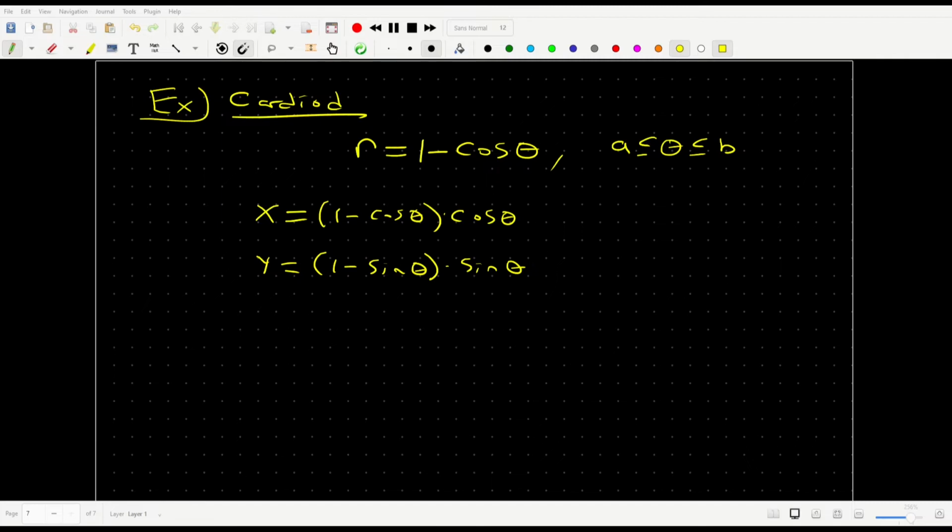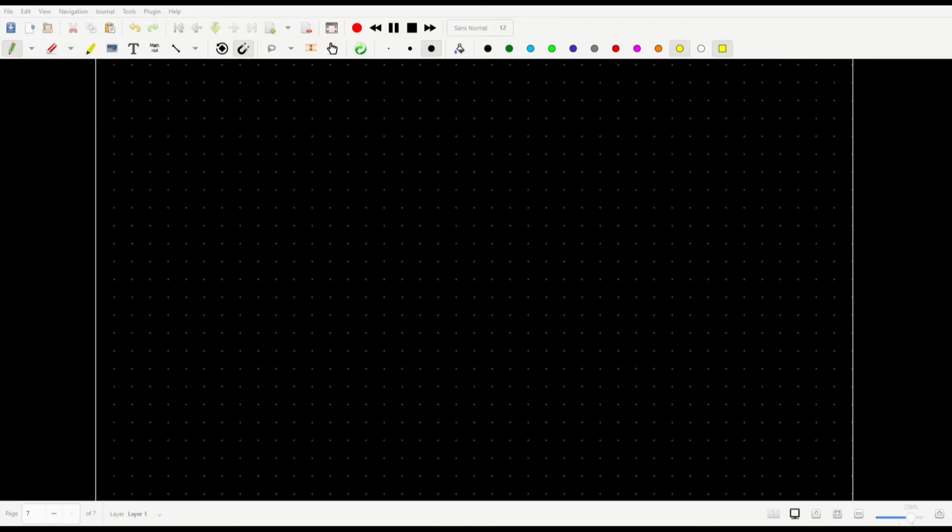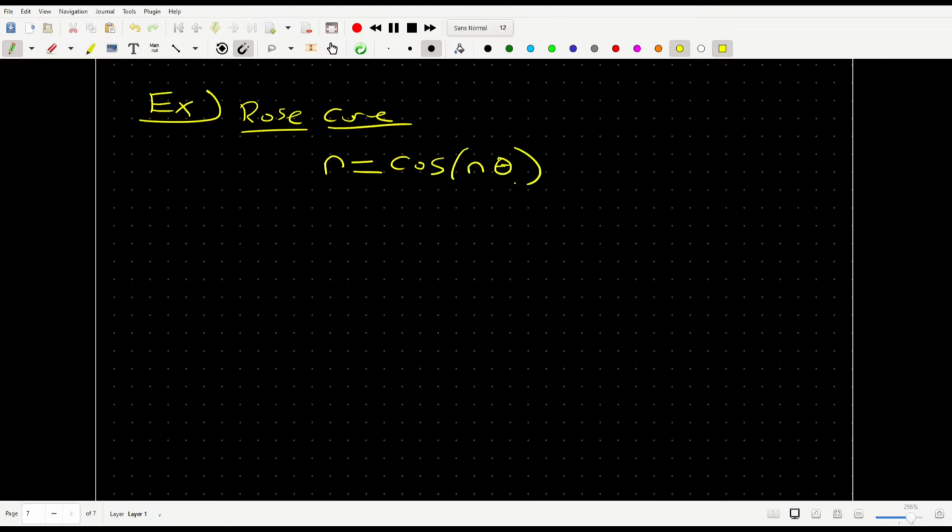And the last example of a polar curve that I want to give for right now is called the rose curve. And this is whenever you have a relationship r is equal to, say, cosine of n theta, on some interval from a to b.